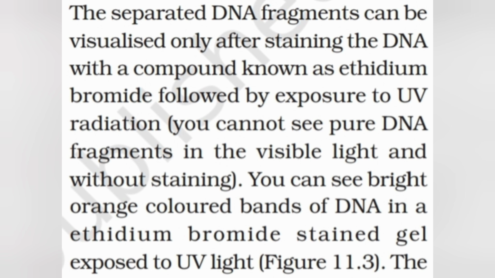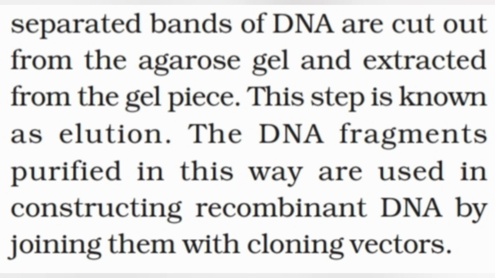Separated DNA fragments can be visualized only after staining the DNA with a compound known as ethidium bromide, followed by the exposure to UV radiations. We cannot see pure DNA fragments in the visible light without staining. So, if we can see a bright orange color band of DNA in the ethidium bromide stained gel exposed to UV light, then it shows the segments of the DNA.